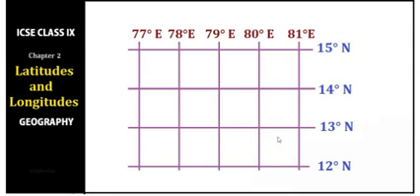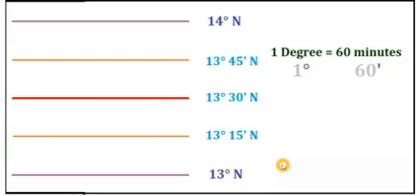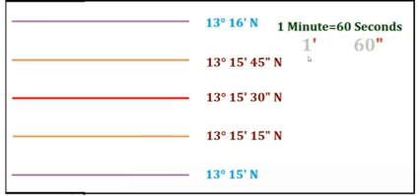So we should know that each degree line is subdivided into minute lines, and between 1 minute differences there are also lots of second lines. So when we have to be very sure about a place, we have to coordinate both latitude and longitude in the unit of degree, minutes and second.